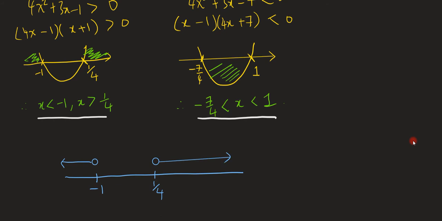And then I want it to be between -7/4 and 1, which is here and here, and it is in between, so I put it like this. Okay, and now the answer I want is actually answer that satisfies both of these. So it is this region and this region.